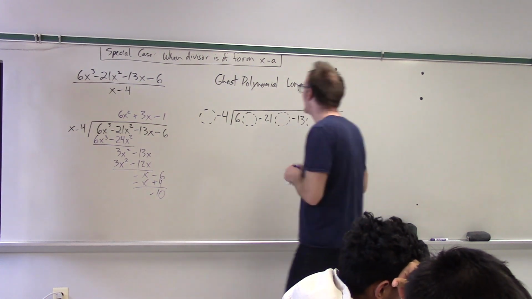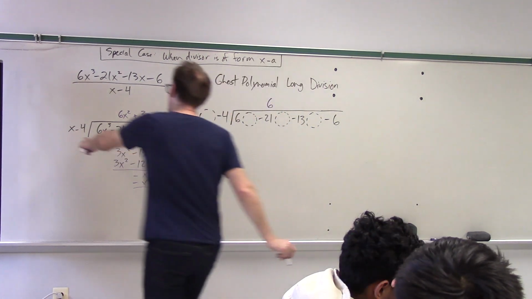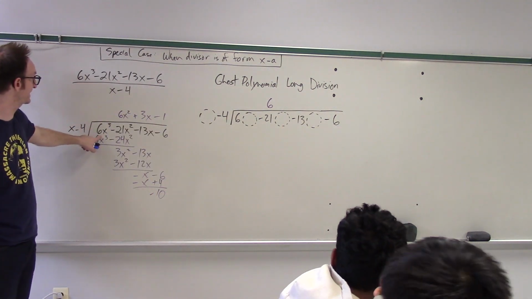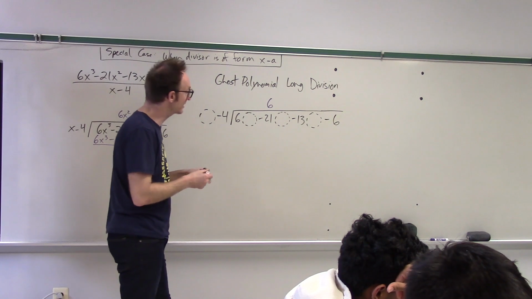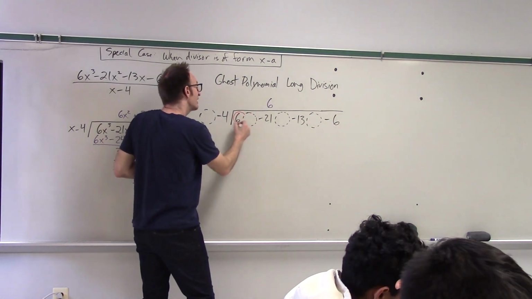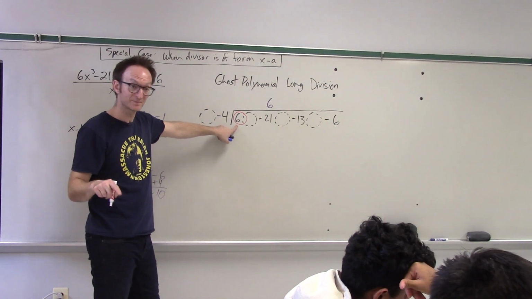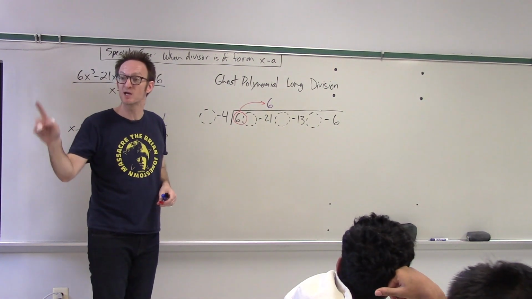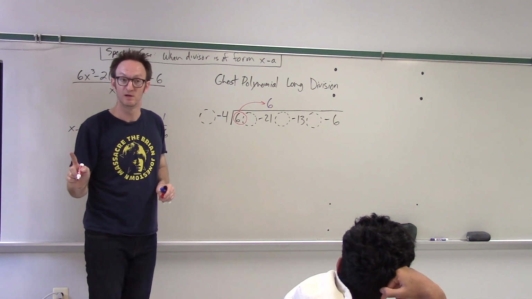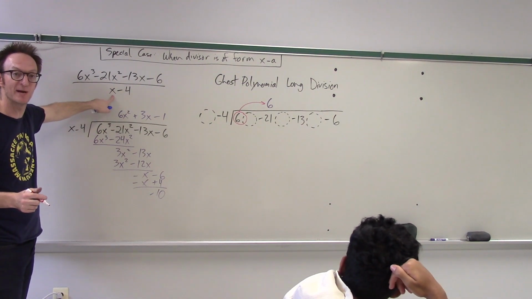So automatically, I get a 6 over here, right? x minus 4 just does go into 6x cubed 6x squared times. But basically, the moral of the story is the first coefficient in the dividend automatically becomes the first coefficient of the quotient, as long as we're dividing through by something of the form x minus a. Can I get a thumbs up?